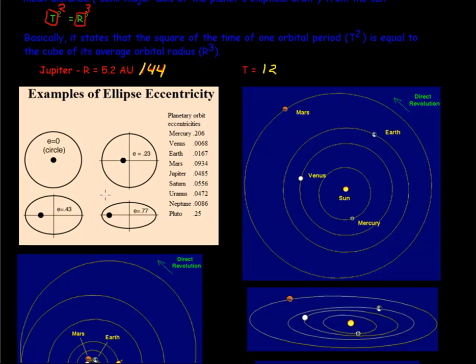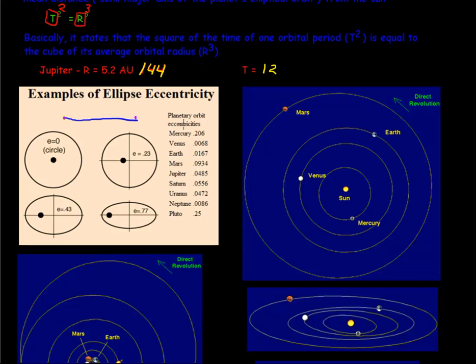An E value of 1 would be a straight line. Because what you'd get is you'd have your two foci so far apart. All you'd be able to do with that string is make a nice line, move it straight across.